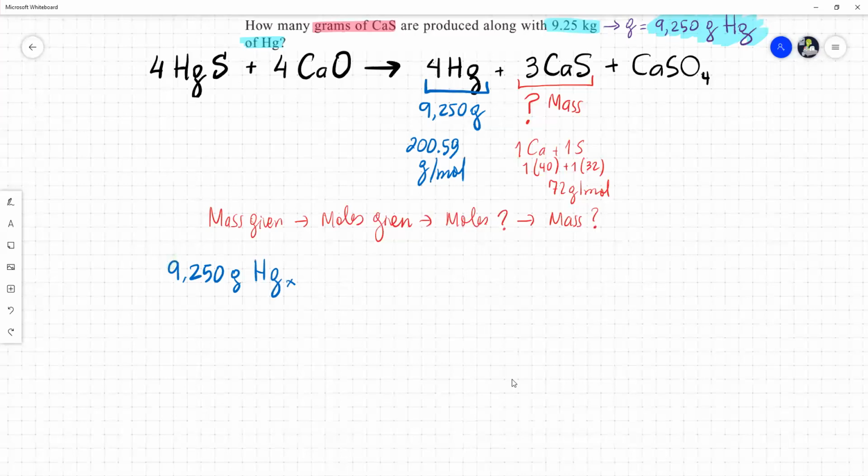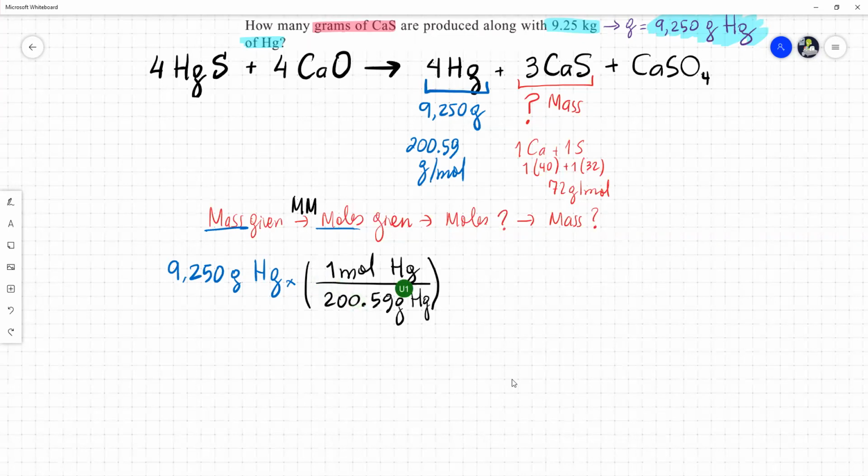Now, from mass given to moles given, I need to use molar mass. So where am I going to put the moles, up or down? The moles up. 1 mole of Hg goes on the top, while the mass is below.